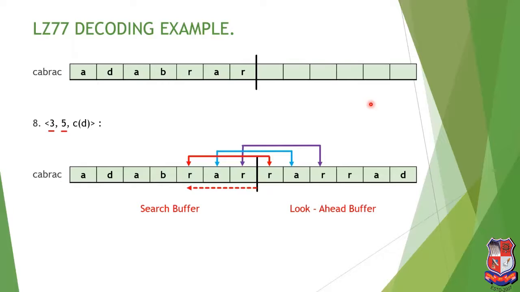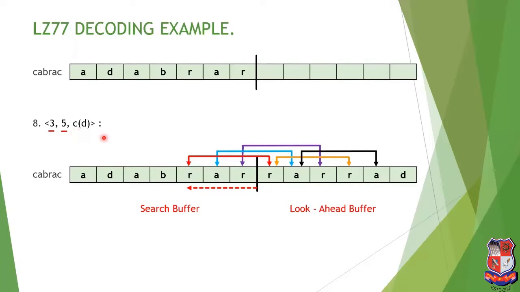So our search pointer moves next and points at the next symbol R, which is this, and copy that symbol R here and then copy that symbol A here. So we copy the 5 symbols into the look ahead buffer.